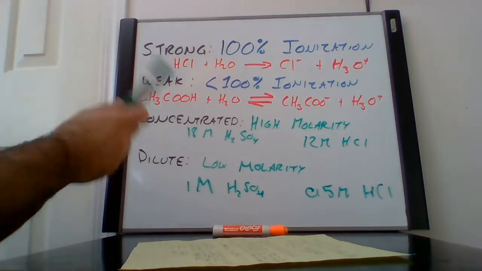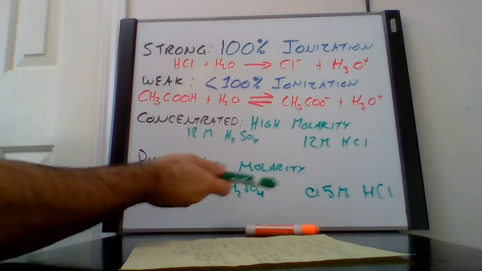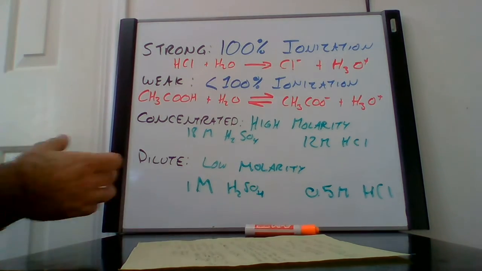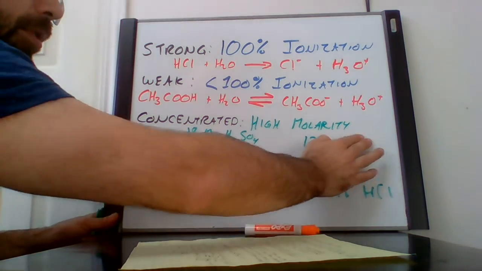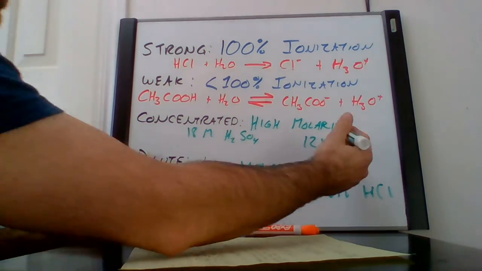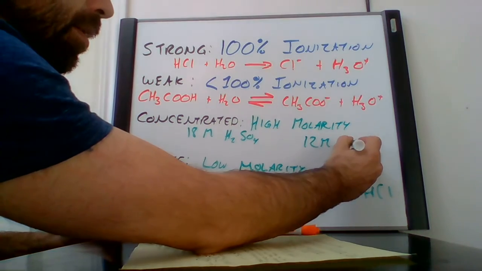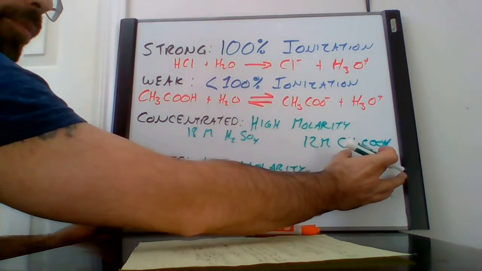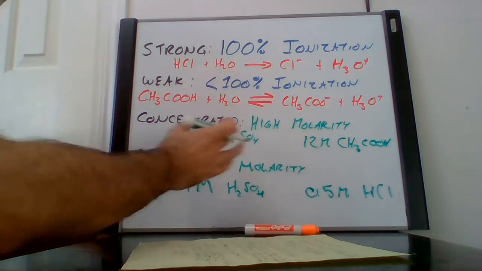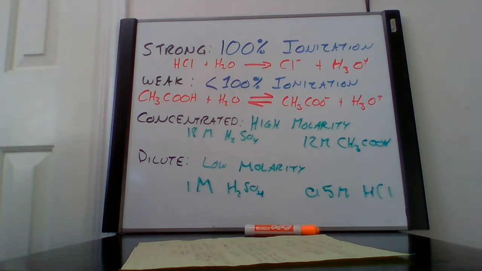It's going to go to completion, but it's still going to be fairly dilute. Or I can even talk about a concentrated one, instead of this 12 molar hydrochloric, let's talk about 12 molar acetic acid. We're dealing with a weak acid, but it's still very concentrated. So you just want to be careful with those two situations.